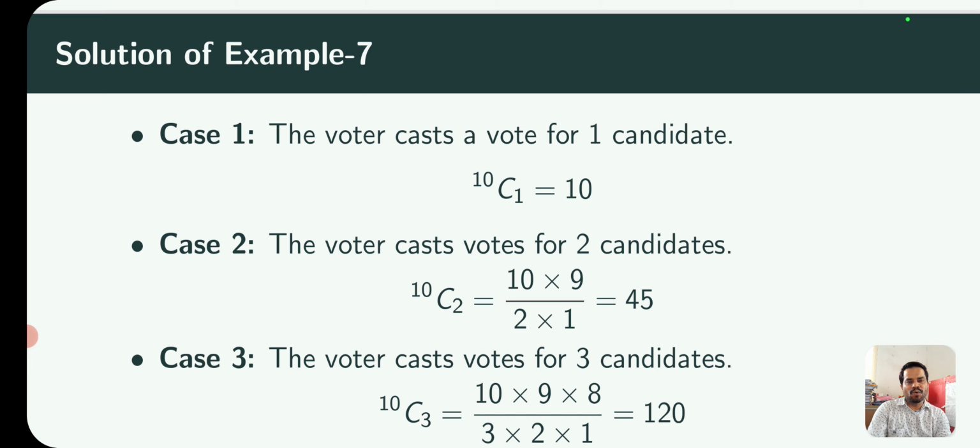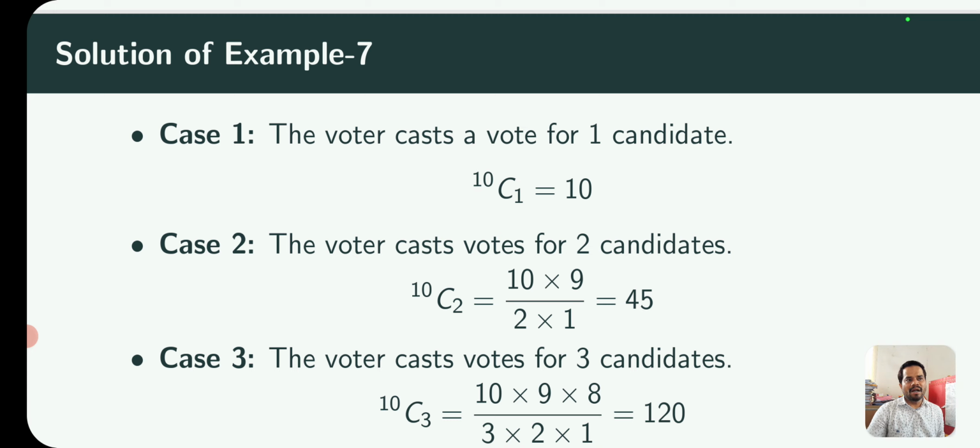The second case is the voter casts votes for two candidates, so it is 10C2 ways, which equals 45. The third case is the voter casts votes for three candidates, which is the maximum, as the condition is already given in the example. So it is 10C3, which equals 120.